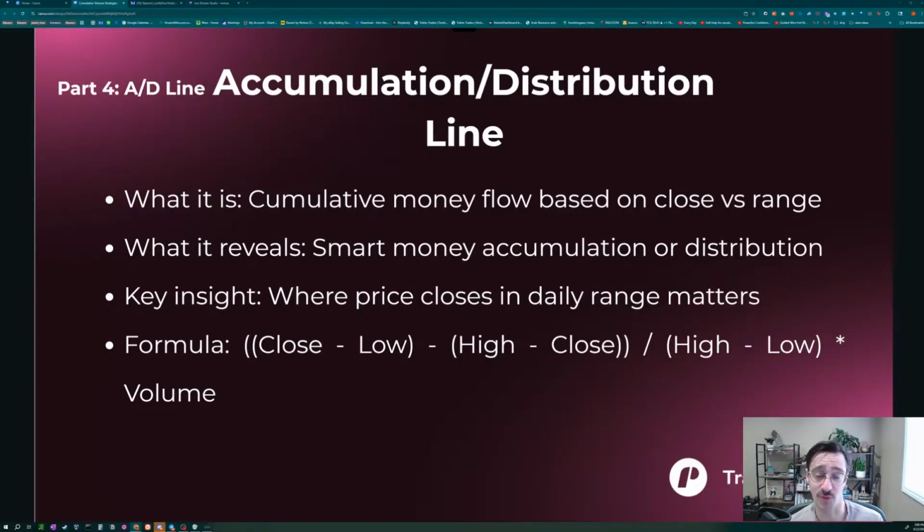So the accumulation distribution line is essentially the cumulative money flow based on the close versus the range. This one's a little different from the previous one in how it's calculated. It takes the close minus the low, and then subtracts that from the high minus the close. Then it divides that by the high minus the low, multiplied by the volume.